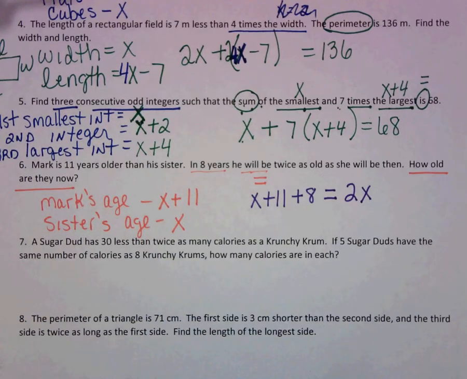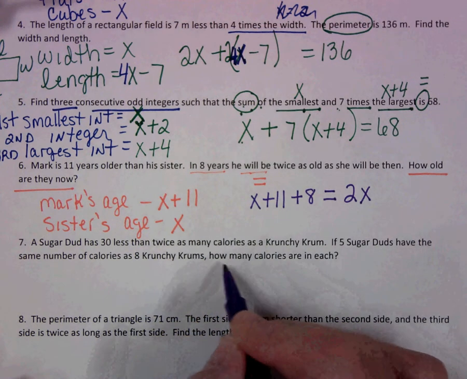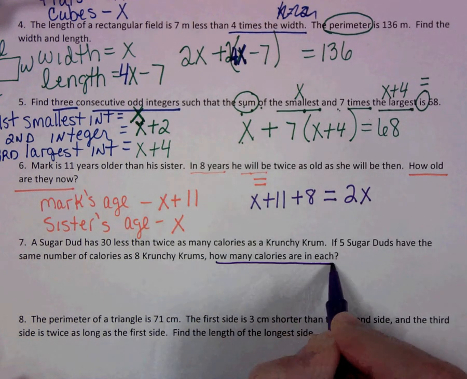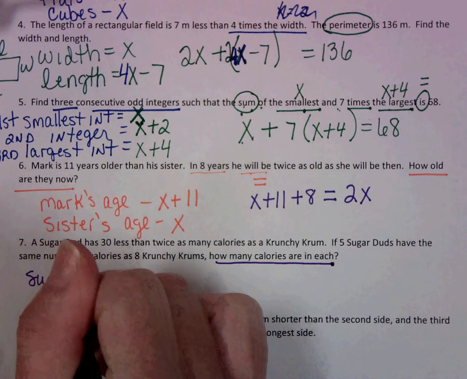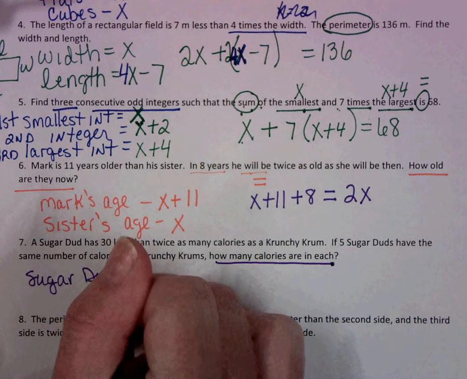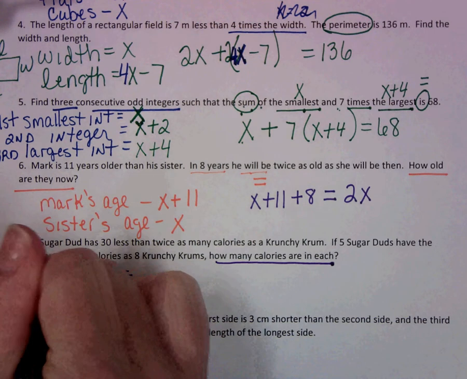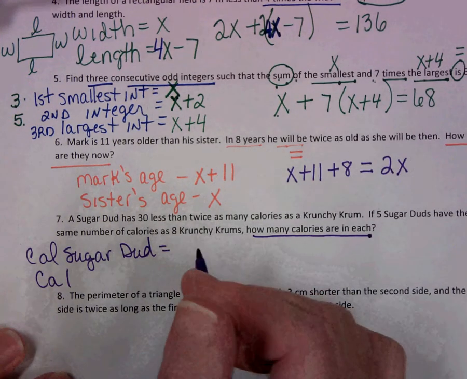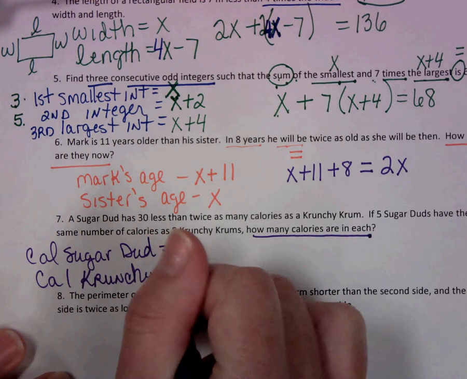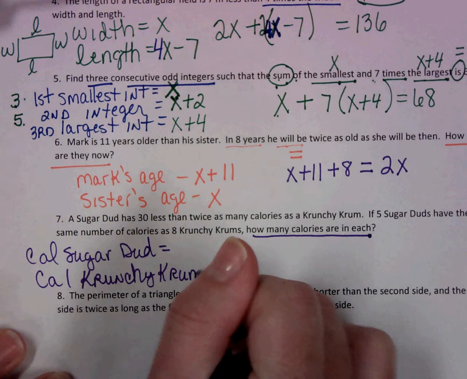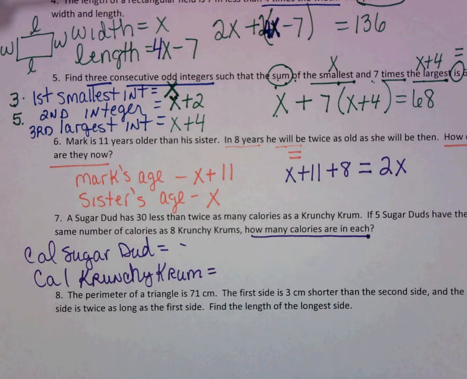Okay, number 7. Again, I'm looking for the question. How many calories are in each? So right there, it tells us that we don't know the calories in sugar dud, and we don't know the calories in, what was it, crunchy crumb. Crunchy crumb. Okay, so let's see.